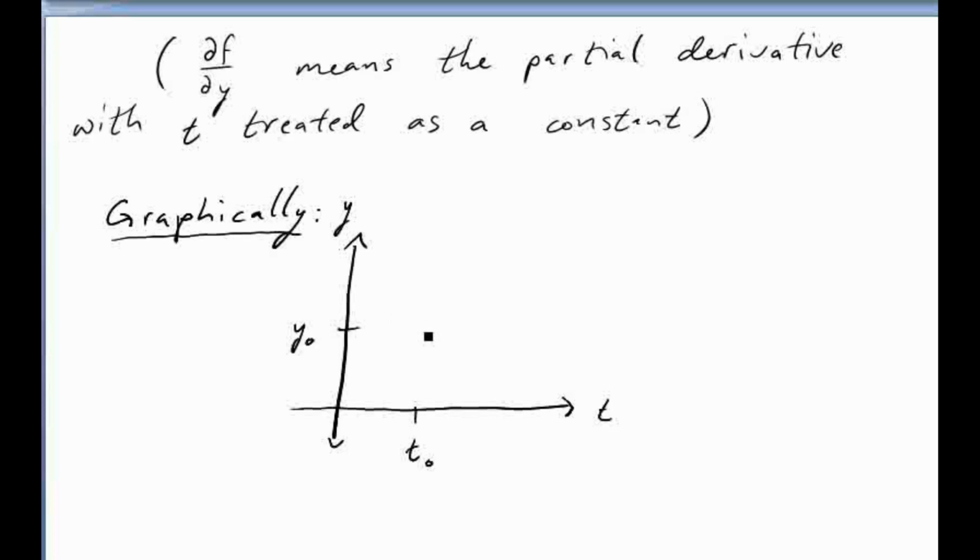So then our initial condition would put us right here on the y by t plane. And in particular here, I called it a rectangle because if t is confined between a and b, and y is confined between c and d, then what we've got is essentially this little rectangle.